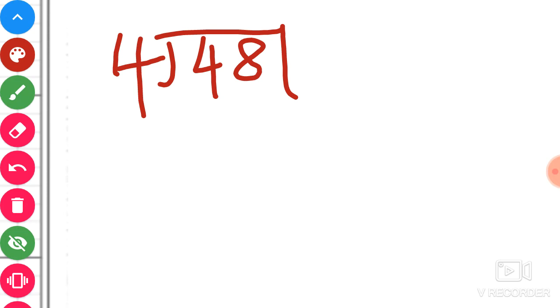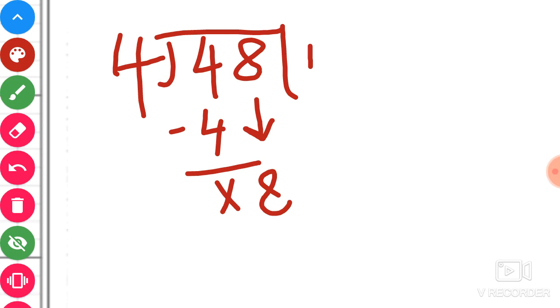So we'll start from here. Now 4 के टेबल में do we get 4? Yes, we do. 4 ones are 4. So what we will do? We will write 4 below it. Now we will subtract. 4 minus 4 we will get nothing. We will carry down 8. Now 4 के टेबल में 8 कितनी बार में आएगा? In how many times we will get 8 in 4's table?